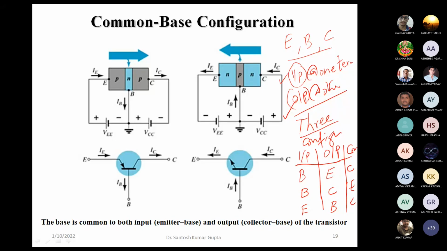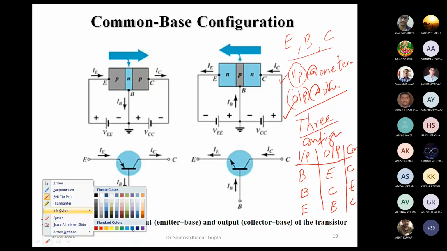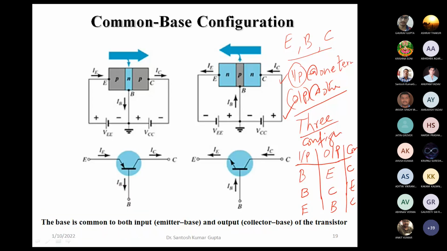One thing we should note is that the collector junction is reverse biased, so we cannot give input at the collector. We can give input at base or emitter, but not at the collector.